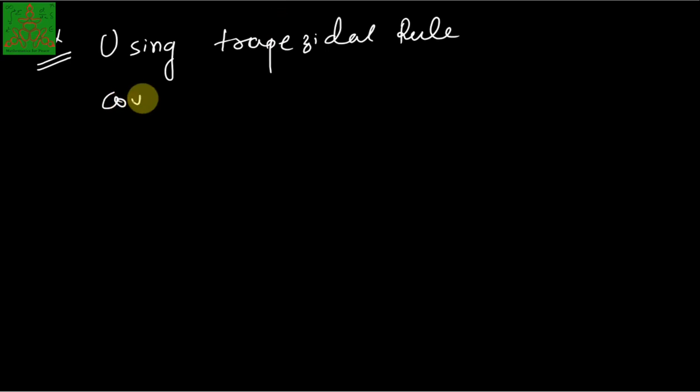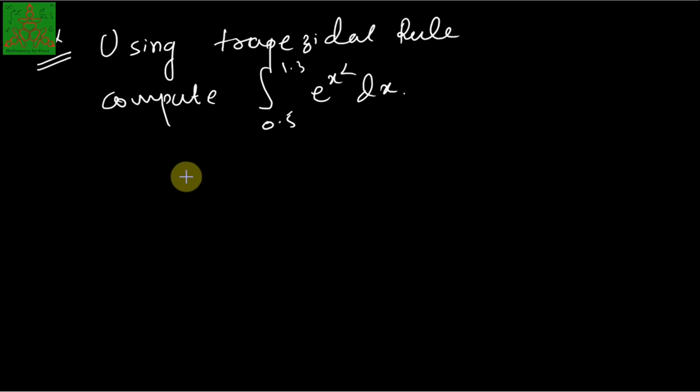The question is, using the trapezoidal rule, compute the integration from 0.5 to 1.3 of e power x square dx. So here the value of a is 0.5 and the value of b is 1.3. The first step is to divide this interval 0.5 to 1.3 into n equal intervals.